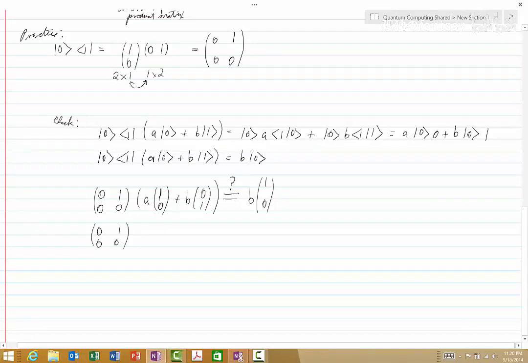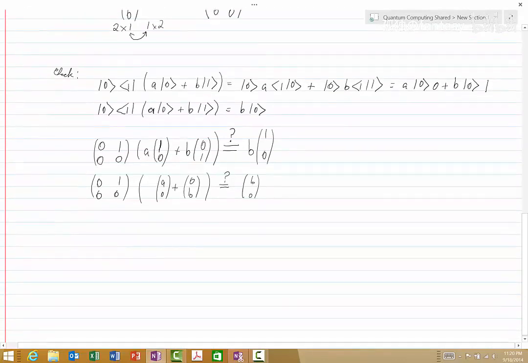We will have A times the column vector 1, 0 is the same as the column vector A0. And B times the column vector 0, 1 is the same thing as the column vector 0, B. And over here on the right hand side, B times the column vector 1, 0 is B, 0.